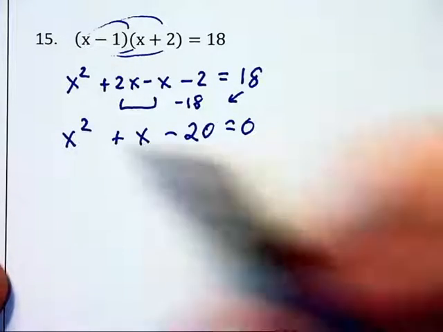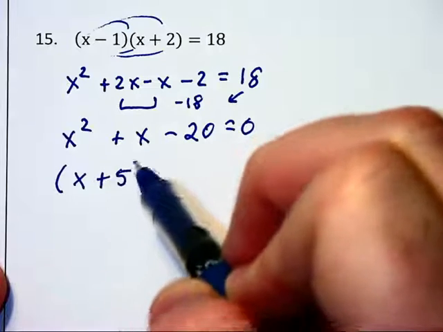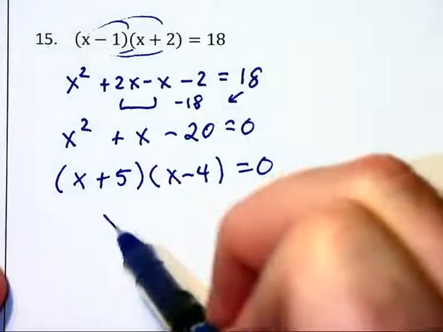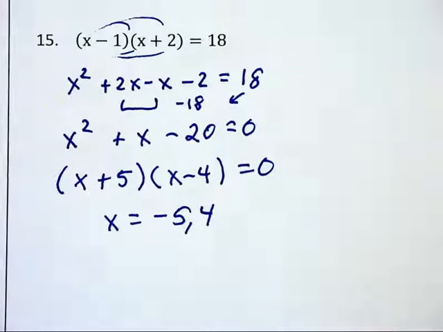Now that it's equal to 0, I can apply the zero product rule, factor it into x plus 5 times x minus 4 is equal to 0, and have my two solutions of negative 5 and positive 4 become evident.